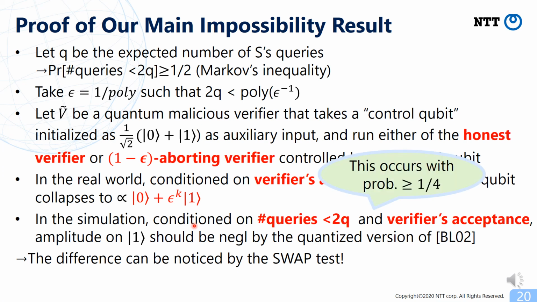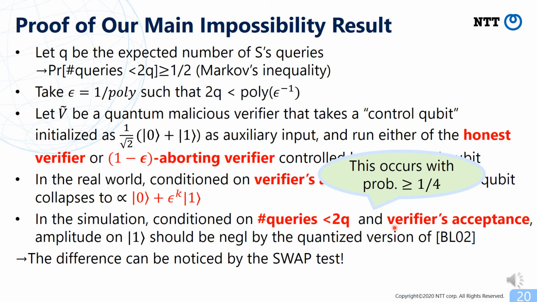Moreover, as seen here, the probability that the number of queries is at most 2q is larger than 1/2, and conditioned on that, the verifier's acceptance probability is at least 1/2, because no matter how many queries the simulator makes, the honest verifier always accepts, and V tilde is a uniform superposition of the honest verifier and the 1 minus epsilon aborting verifier, and so in the case of the honest verifier, which happens with probability 1/2, it always accepts.